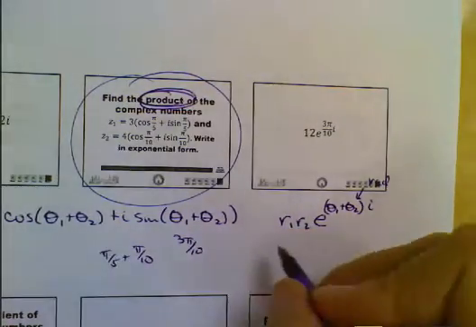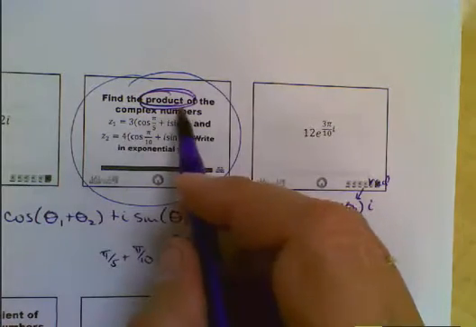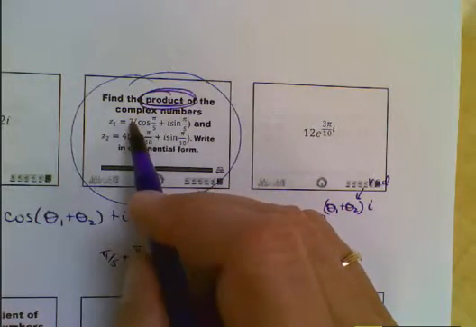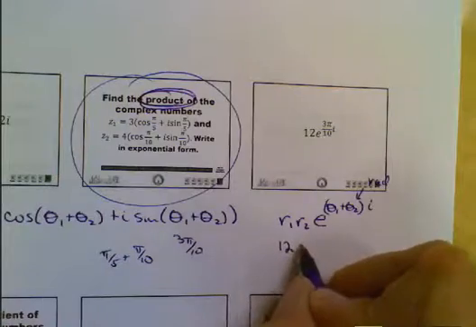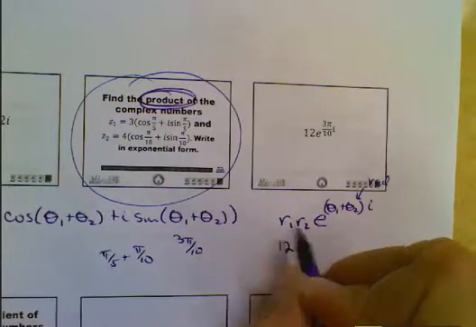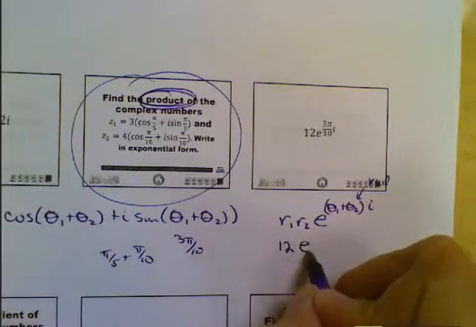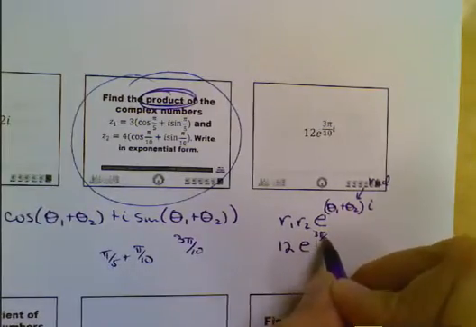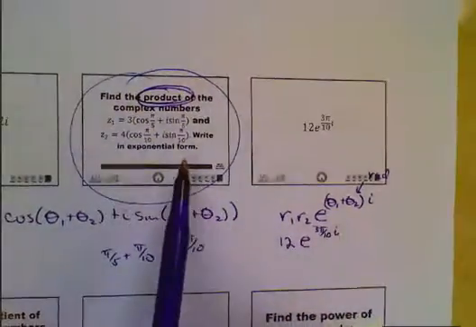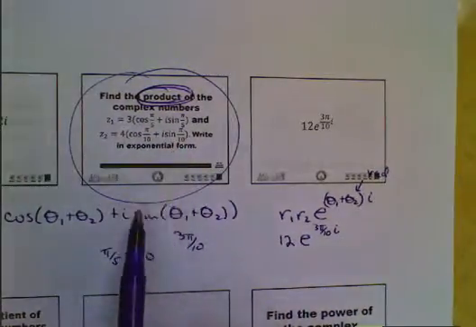So let's say it's set in exponential form, and I'm multiplying and find the product of those numbers. I would get 12, and then I would get, it says in exponential form, e to the 3 pi over 10 i. I'm just adding the angles when it says product.